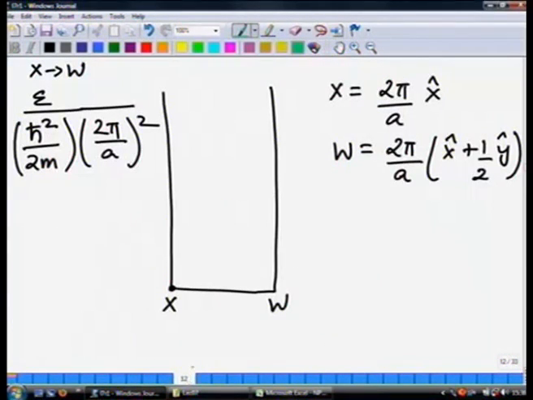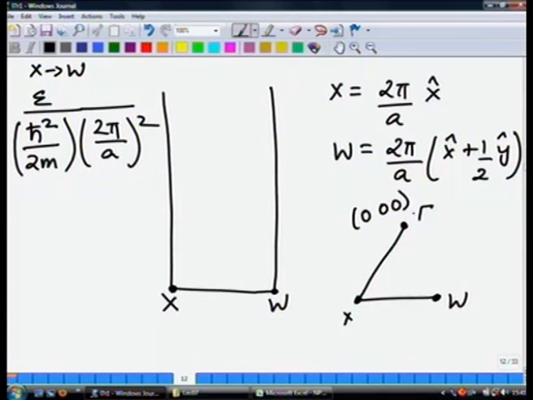These 3 points form a plane: here is the gamma point, which is the reference 0 0 0, the origin, here is the x point, and here is the w point. So what I want to do is plot it as a function of this vector k prime, which I want to vary from the gamma point.